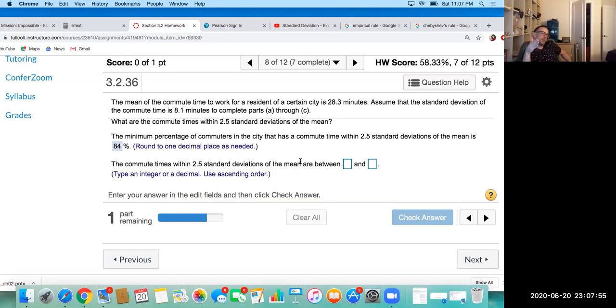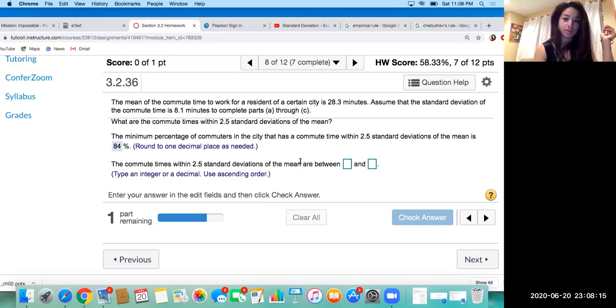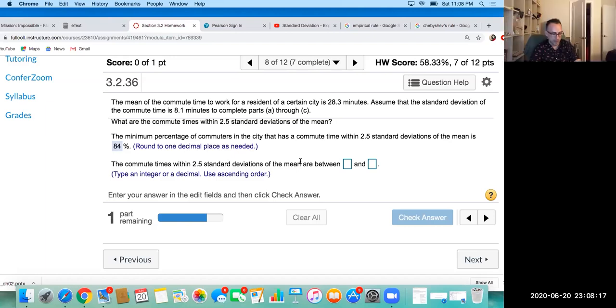So you just multiply 2.5 times the standard deviation because it's within 2.5 standard deviations of the mean. So 8.1 is 1 standard deviation. So you just multiply 8.1 times 2.5, and that's what you add and subtract to the mean. And the mean is going to be 28.3.